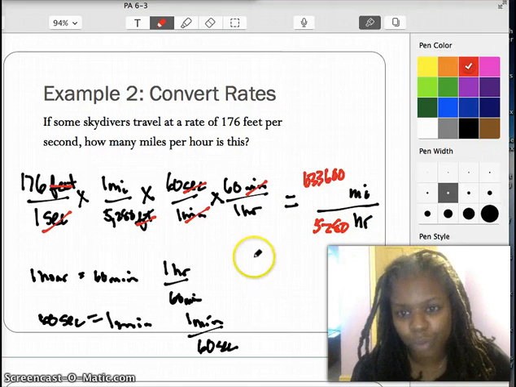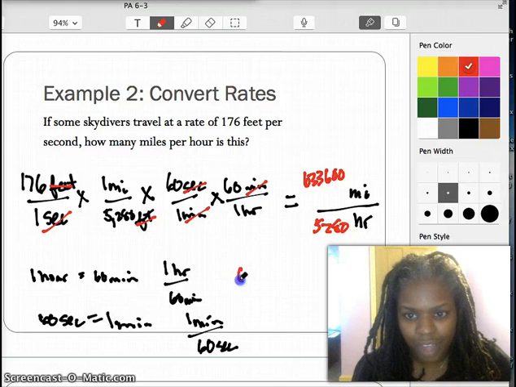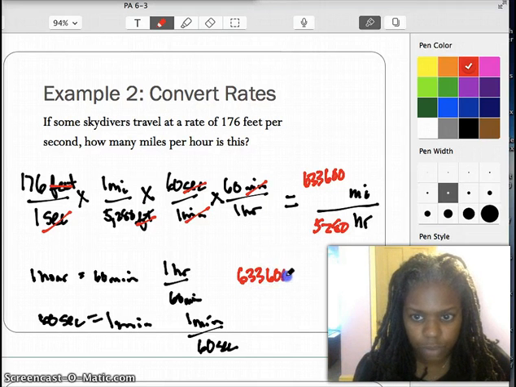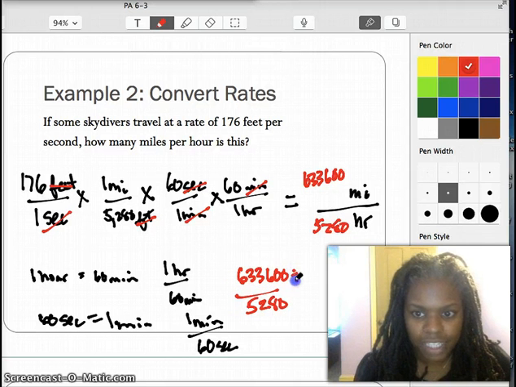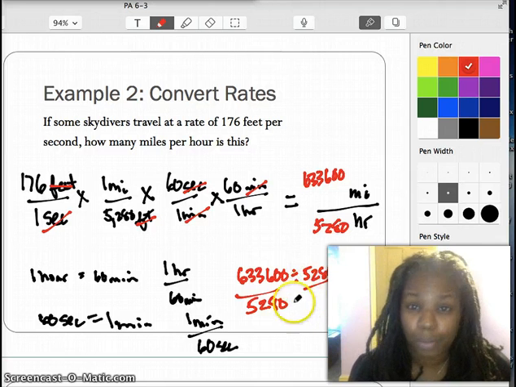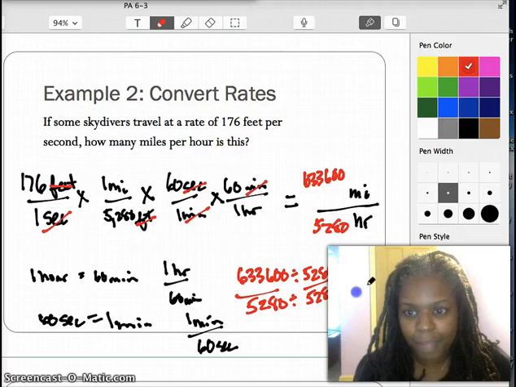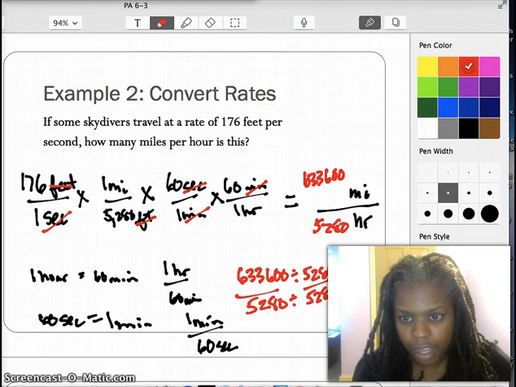So we're going to do what we usually do with unit rates. I've got this pretty big number, 633,600, all of that over 5,280. I'm going to divide the top and bottom by 5,280. The bottom's very easy. We get 1 hour at the bottom, and I'm going to grab our calculator and see what we get.